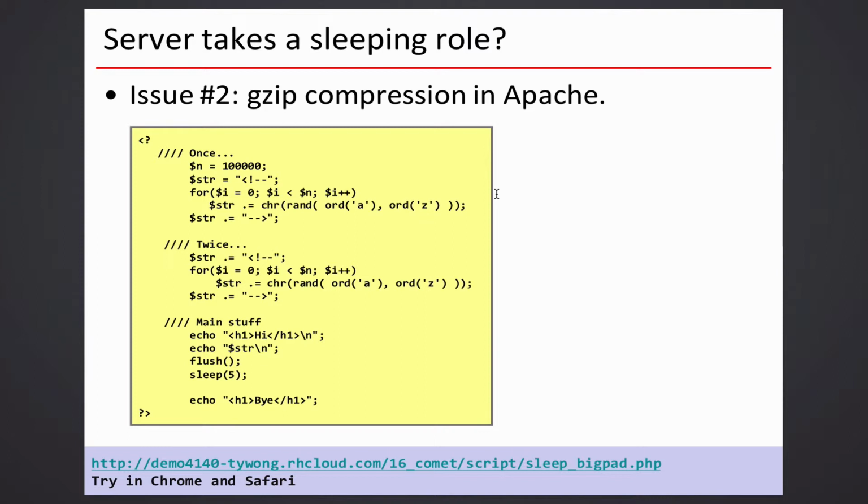This is a string variable, and the string variable goes inside the for loop. What is dot equal? Dot equal means concatenation. Concatenation of this string with this bunch of things. Random between A to Z, and make it become a character by using the CHR call. So that means a random character between A and Z. So there's a set of random characters coming up, okay?